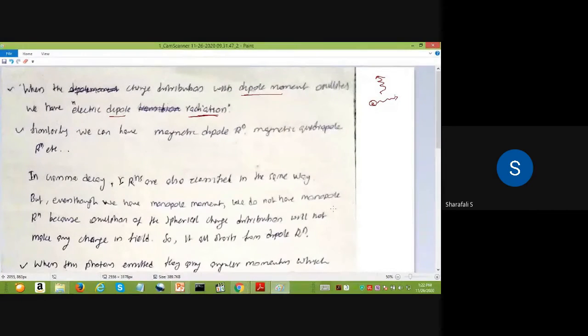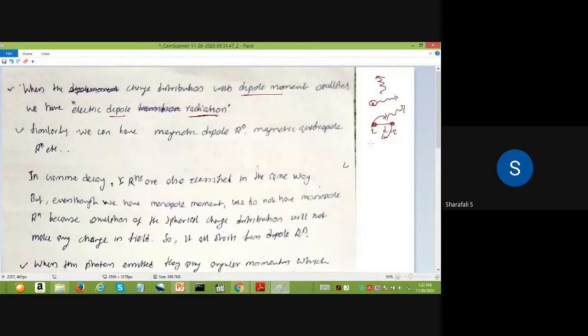If you have a dipole like this, with minus q and plus q separated by some distance, and these are oscillating in some fashion, they will produce electromagnetic radiation.